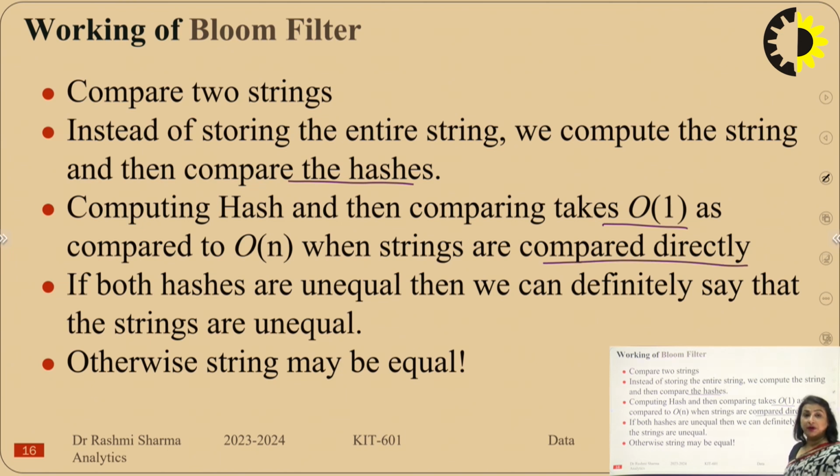So I convert these strings to binary bits from the hash value: 1 if it exists, 0 if it doesn't exist. If both the hashes are unequal, then we can definitely say that the strings are unequal. That is the true negative which we discussed. Otherwise the strings may be equal, and may be equal is your false positive condition.